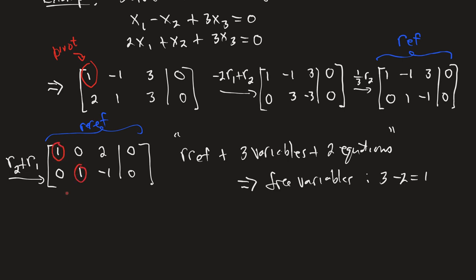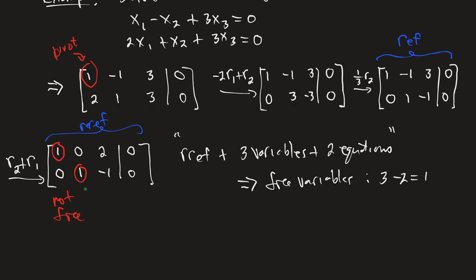These are not free. So that means, you notice x3, we never had a pivot in the 3rd column. There's no pivot in the 3rd column in this augmented system. What that tells me is that x3 is our free variable, right?